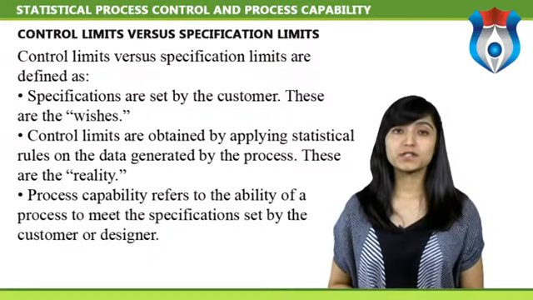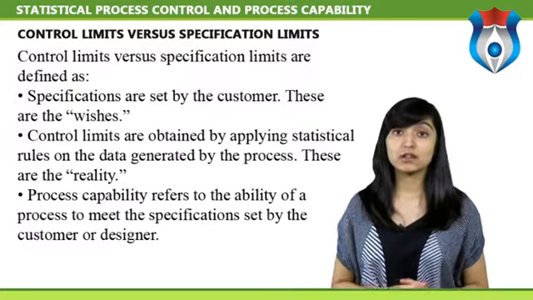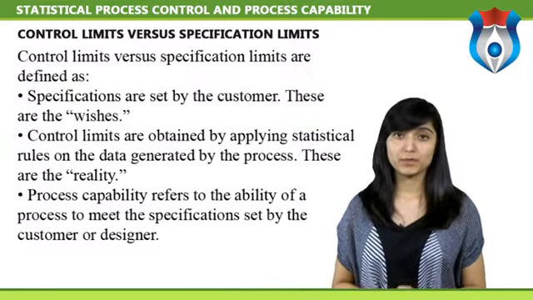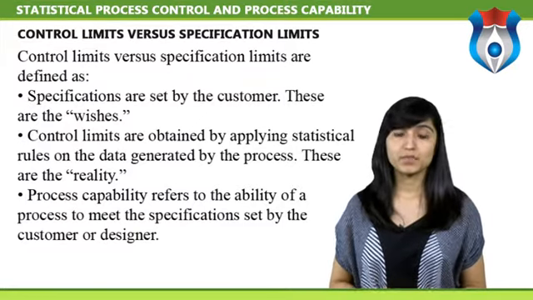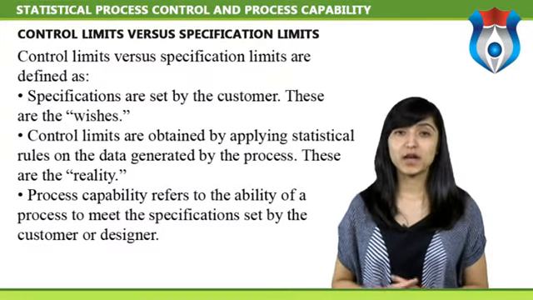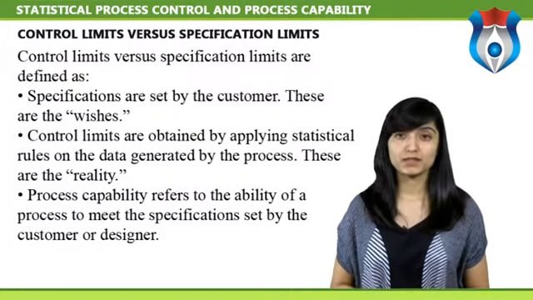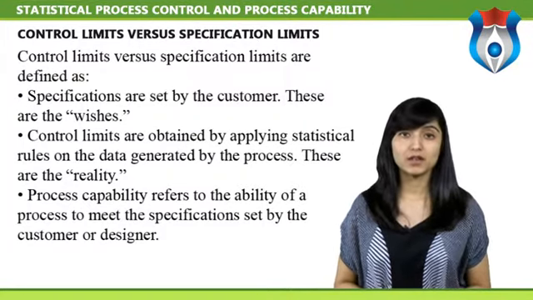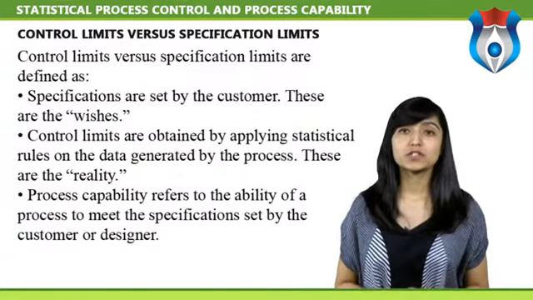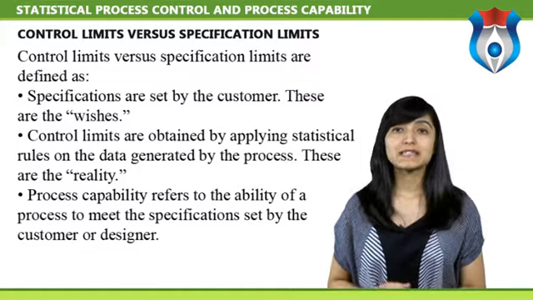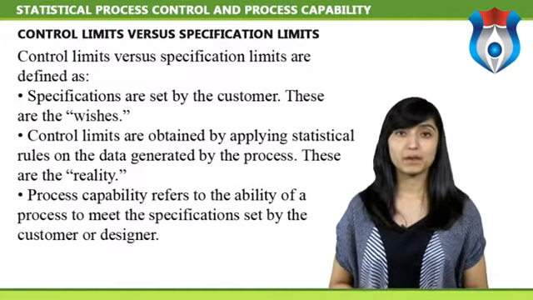Control limits versus specification limits are defined as follows. Specifications are set by the customer. These are the wishes. Control limits are obtained by applying statistical rules on the data generated by the process. These are the reality. Process capability refers to the ability of a process to meet the specifications set by the customer or designer.